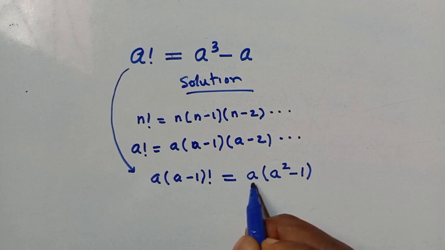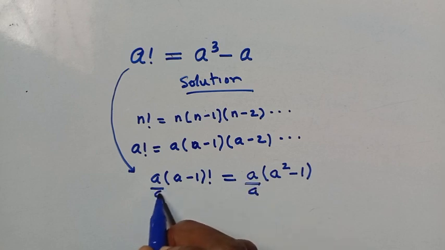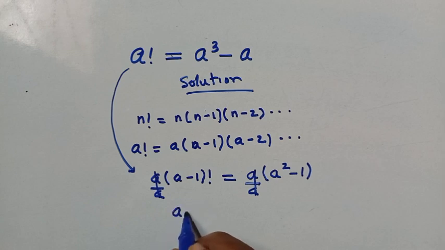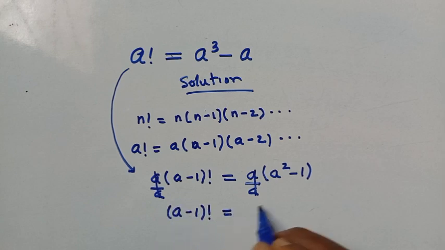Then, when we divide both sides by a, a is cancelled, and we have (a minus 1) factorial equals a squared minus 1.